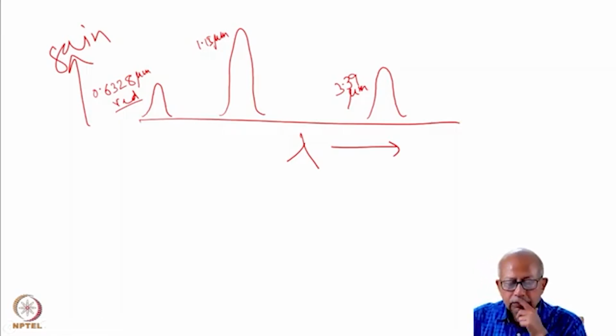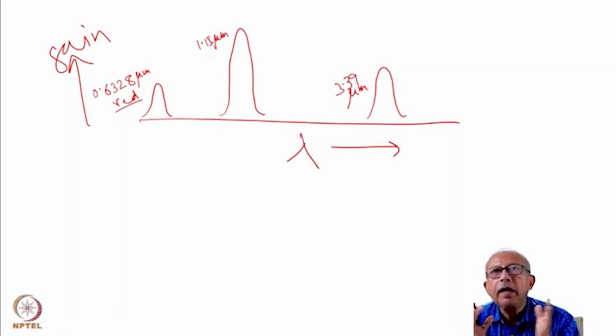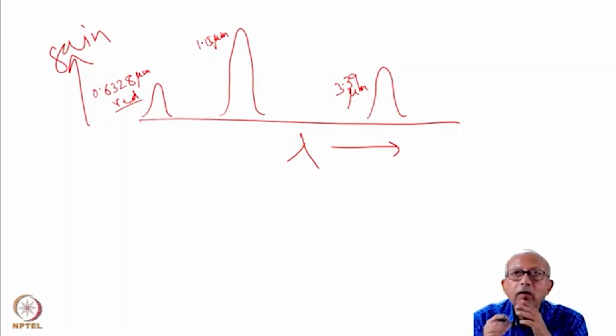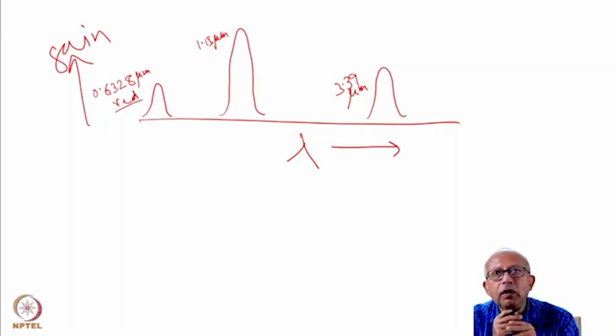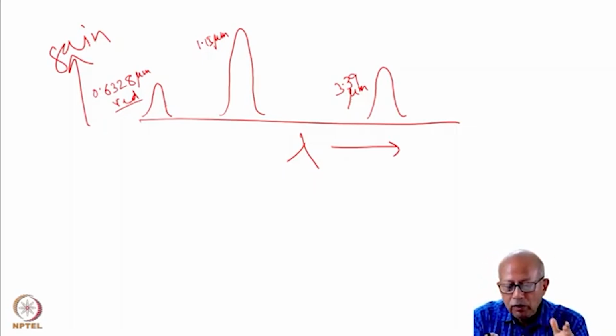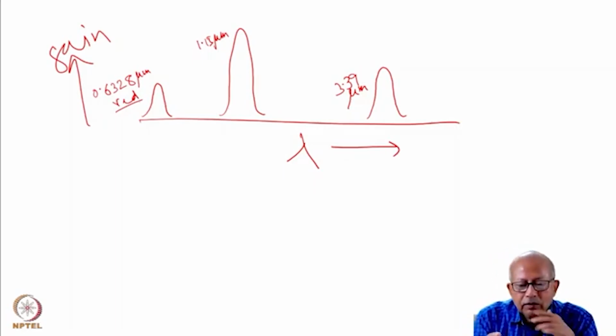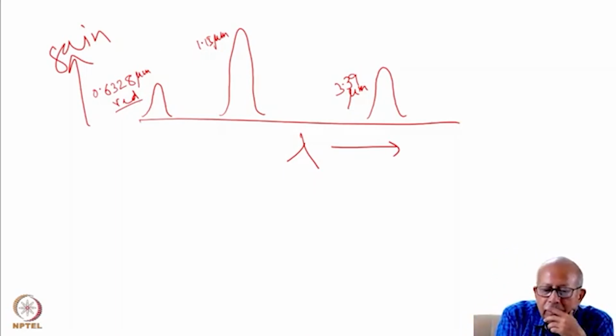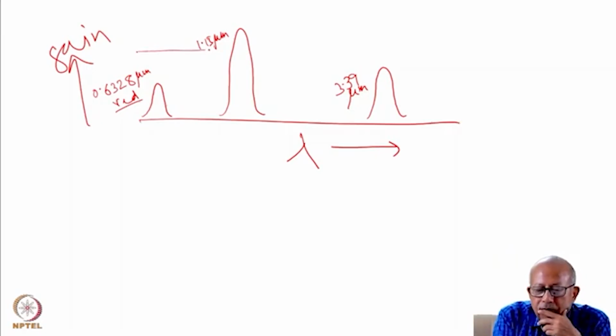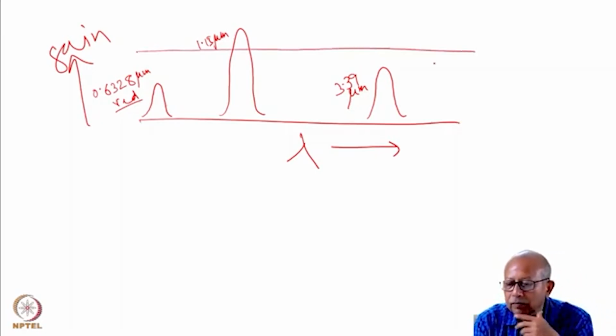Now suppose the loss that the cavity offers is the same for all the wavelengths, and therefore the loss line can be represented in this gain curve by a straight line.